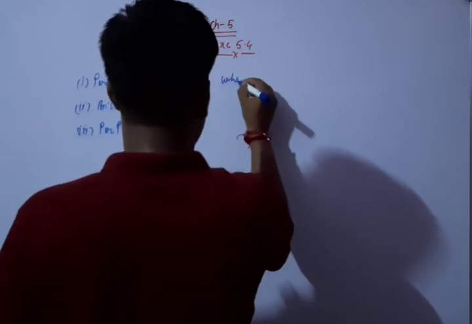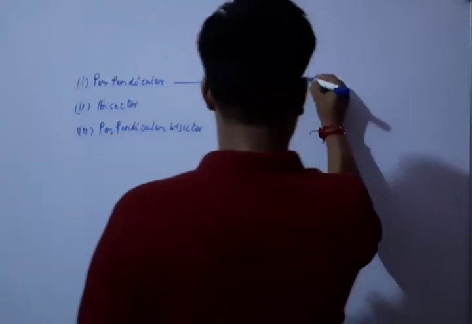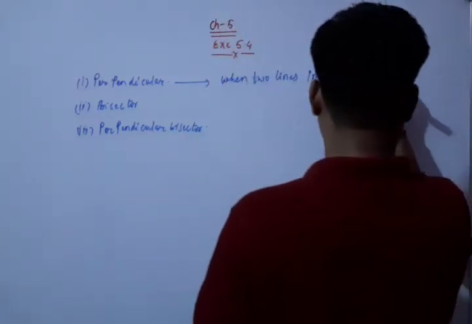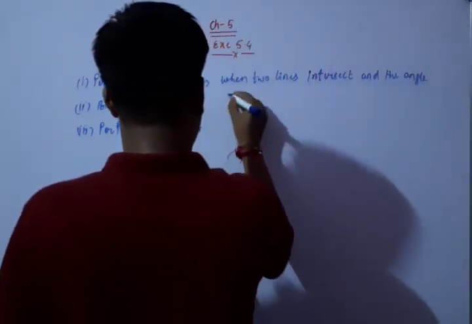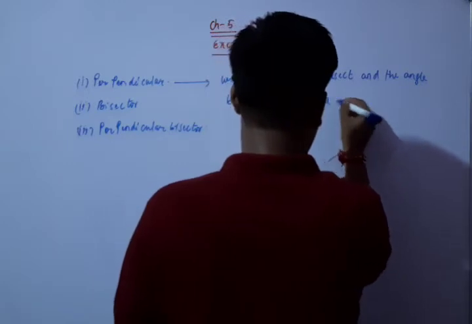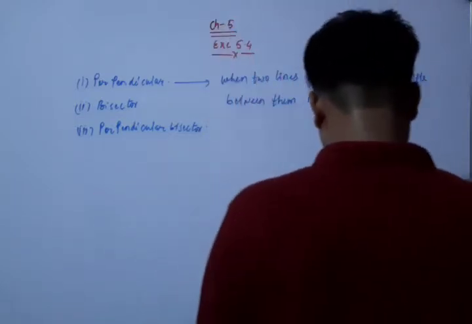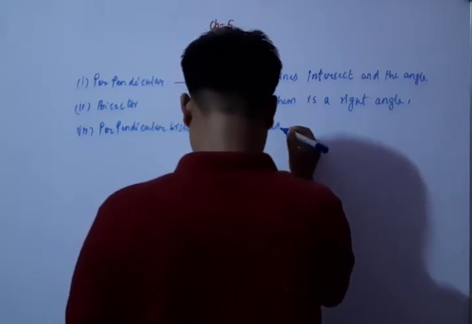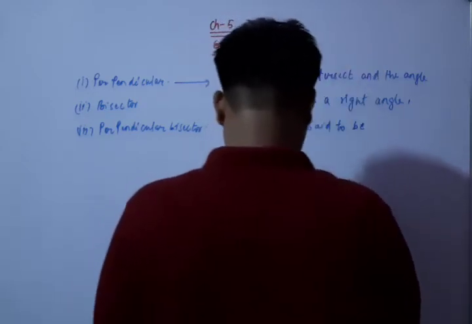When two lines intersect and the angle between them is a right angle, then the lines are said to be perpendicular.